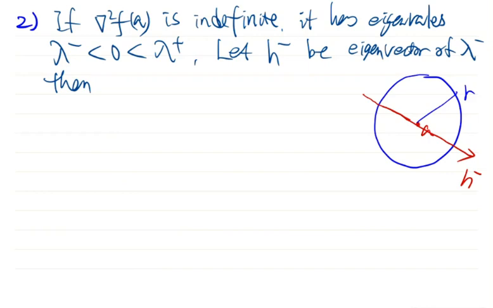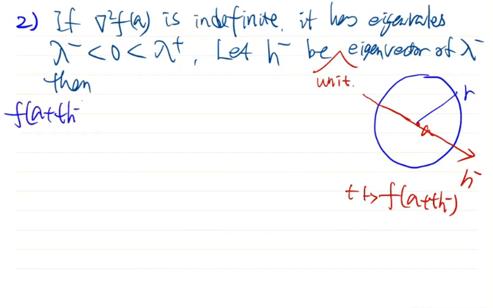Therefore we consider f(a + t h minus). We want to study this, and h minus is given, therefore t changes. And also we can require h minus to be a unit vector.